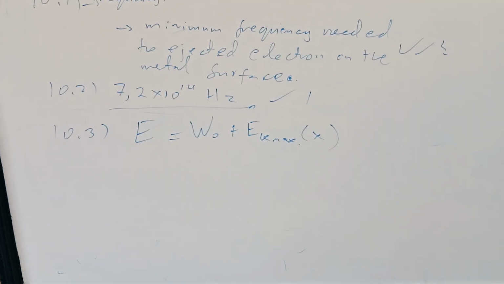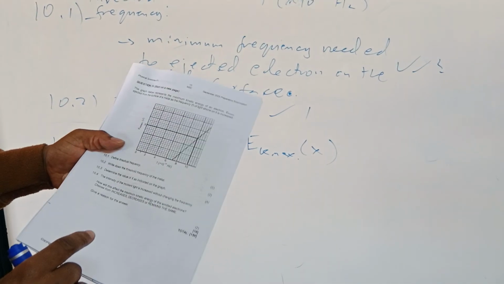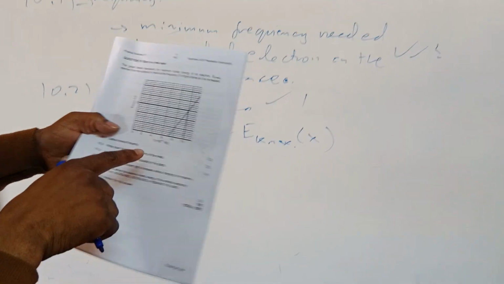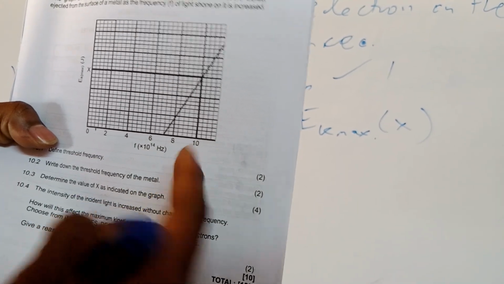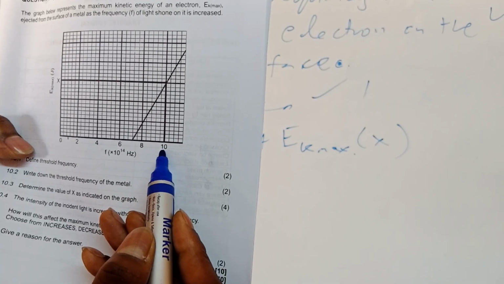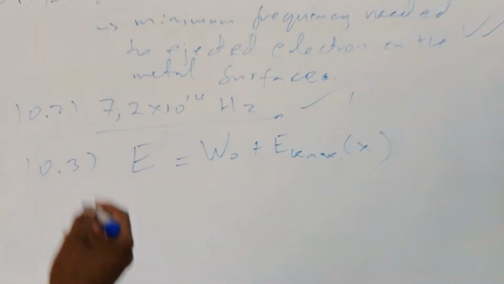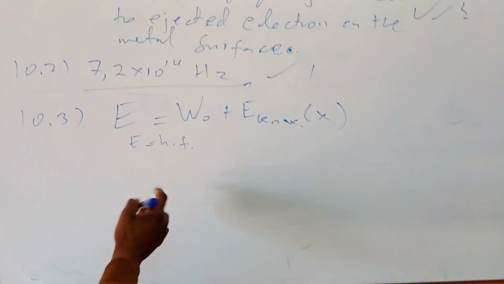Yes, sir. Now, first things first, we know the value of the frequency there. I said that's going to be the value of the incident frequency. If you remember previously, I said E is equal to h times f.